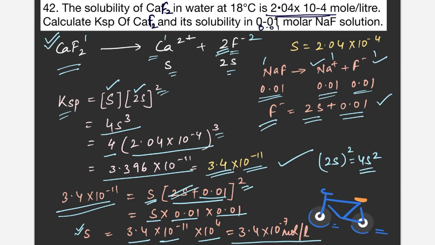But when this calcium fluoride is added to a 0.01 molar solution of sodium fluoride, then the solubility of calcium fluoride becomes 3.4 into 10 to the power minus 7 mole per liter. Okay. So if you compare the solubilities, solubility of calcium fluoride is more in water than in sodium fluoride.